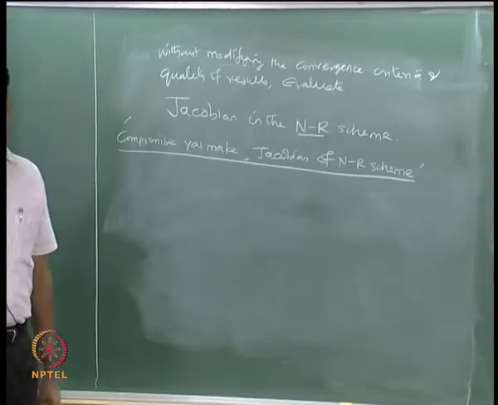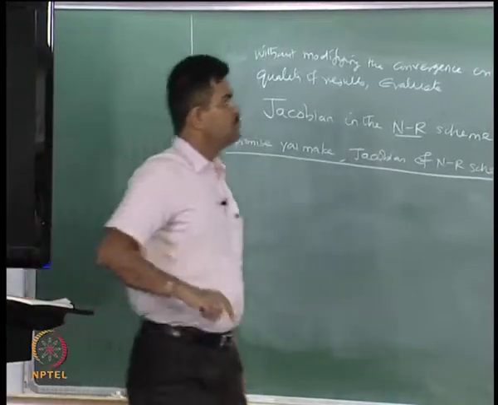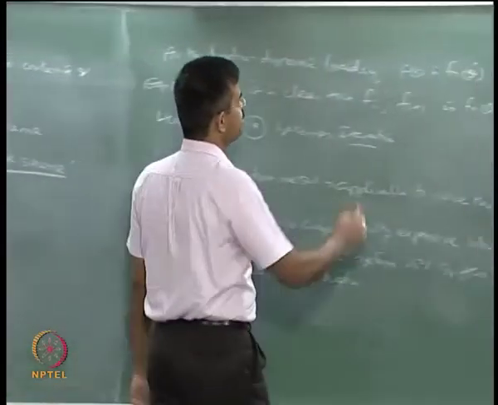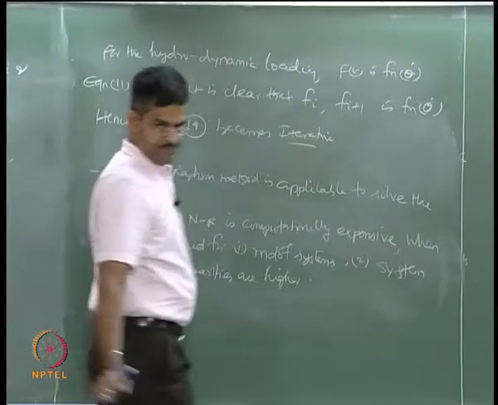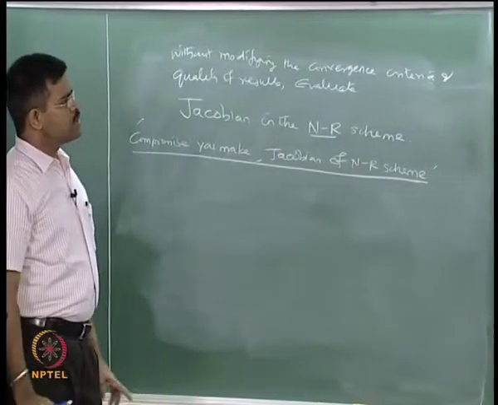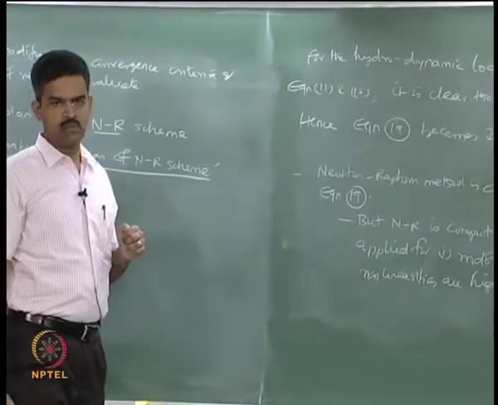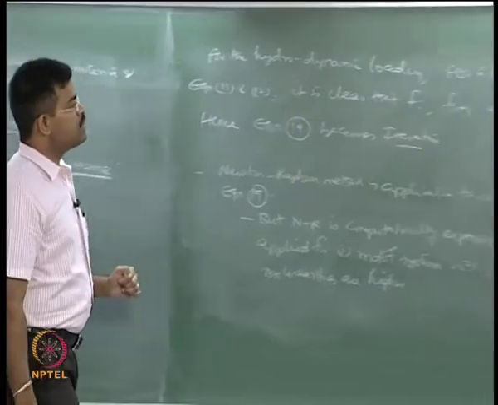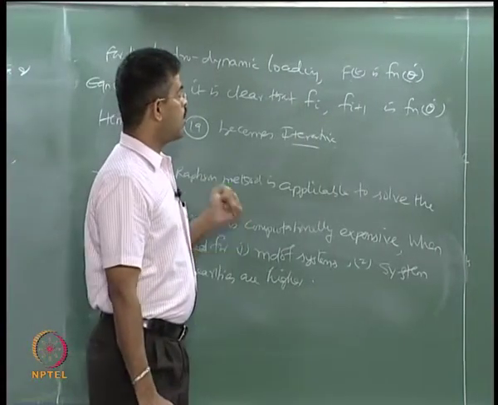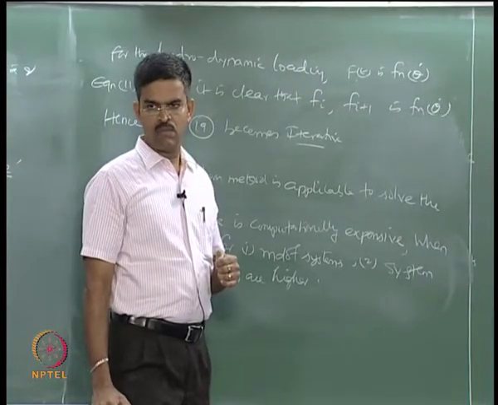The compromise is, we already know that f of t is a function of theta dot, so it is a derivative of the displacement. So, if you want to really find f of t at i is equal to 1, you must have the derivative of the displacement at i is equal to 1. Is that clear?